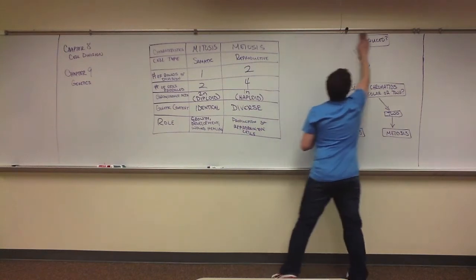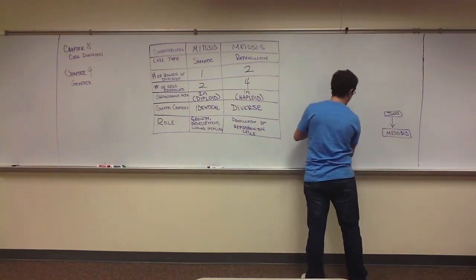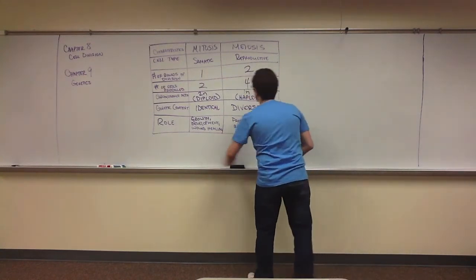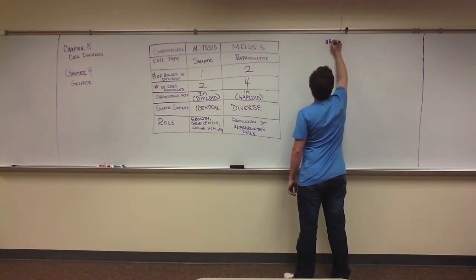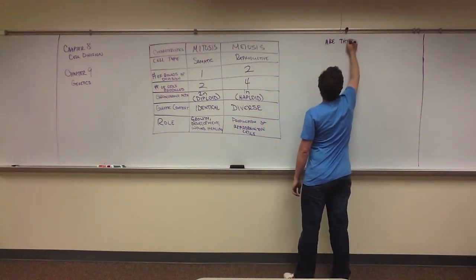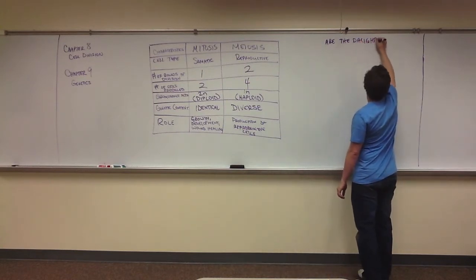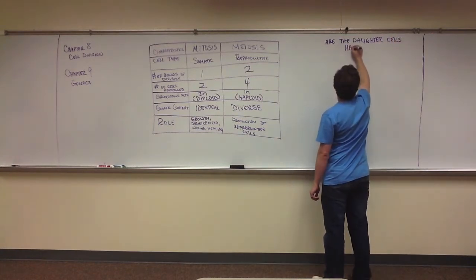Okay, the next flow chart that we're going to talk about. Are the daughter cells haploid?